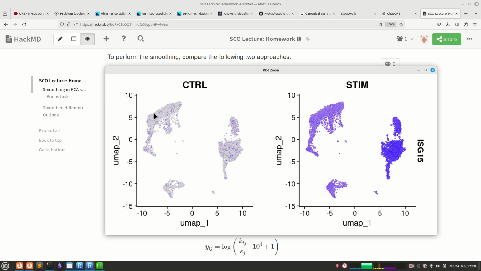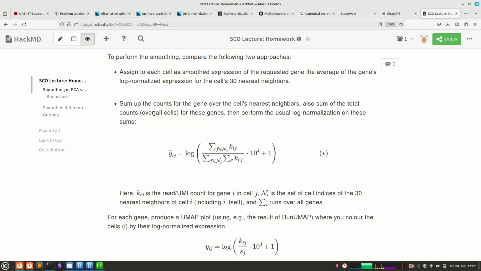And when I do this averaging, I can do it in two ways. Either I use these log normalized values and average them, or I add up the counts of the 20 nearest neighbors, and add up the totals of the 20 nearest neighbors, and then do the log normalization of that fraction. And probably the second one should be smoother and is also better.